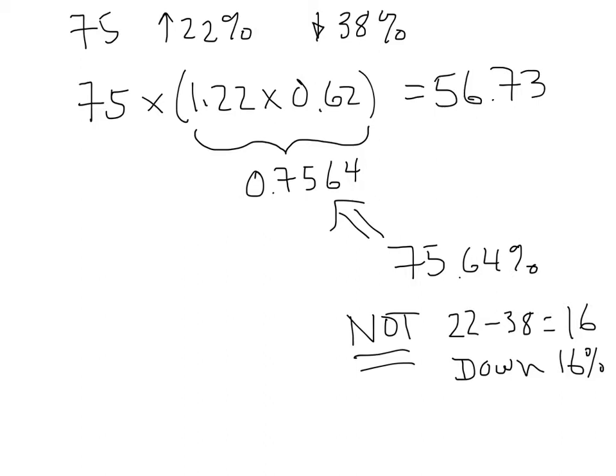And that's because going down 38% from a bigger number moves you further down. We went up 22% from 75. That doesn't move you as far as 22% from the bigger number. So going down 38% from the big number, the number you land on after going up 22%, is a much bigger drop, and therefore it winds up being a cumulative drop of almost 25%.